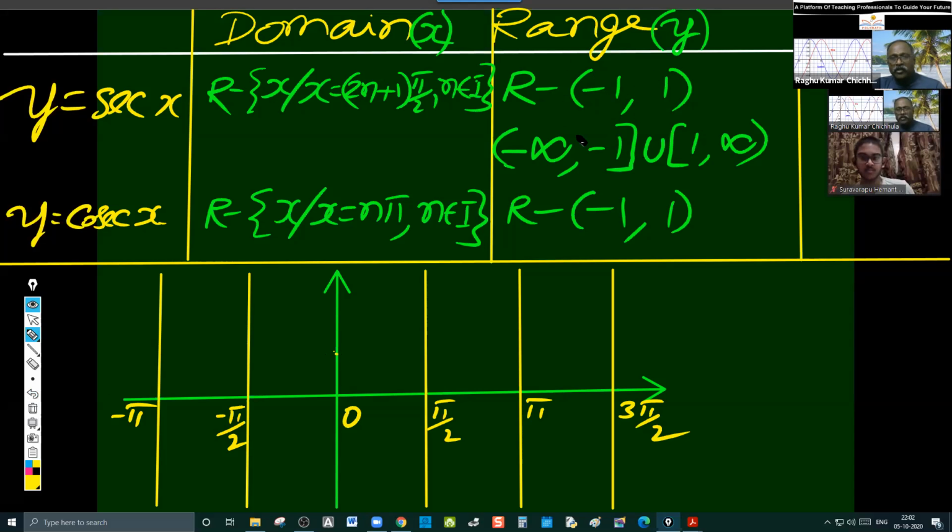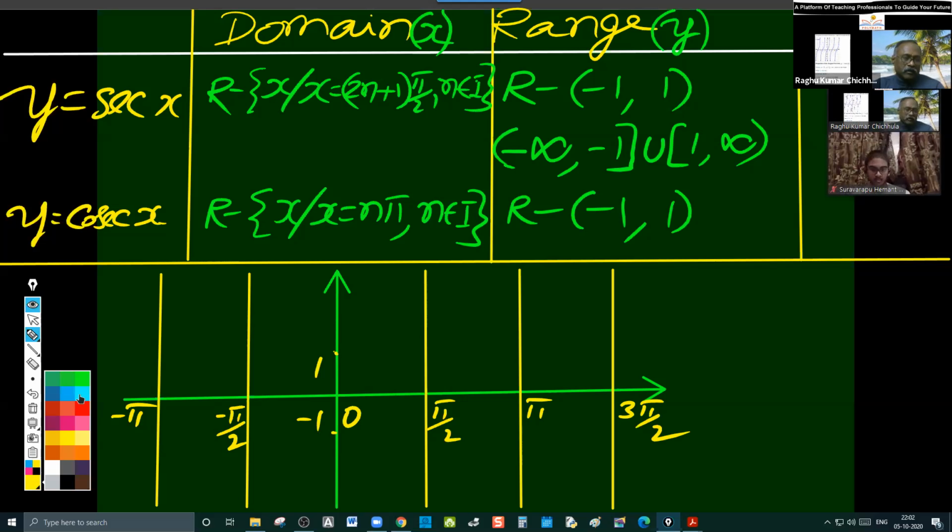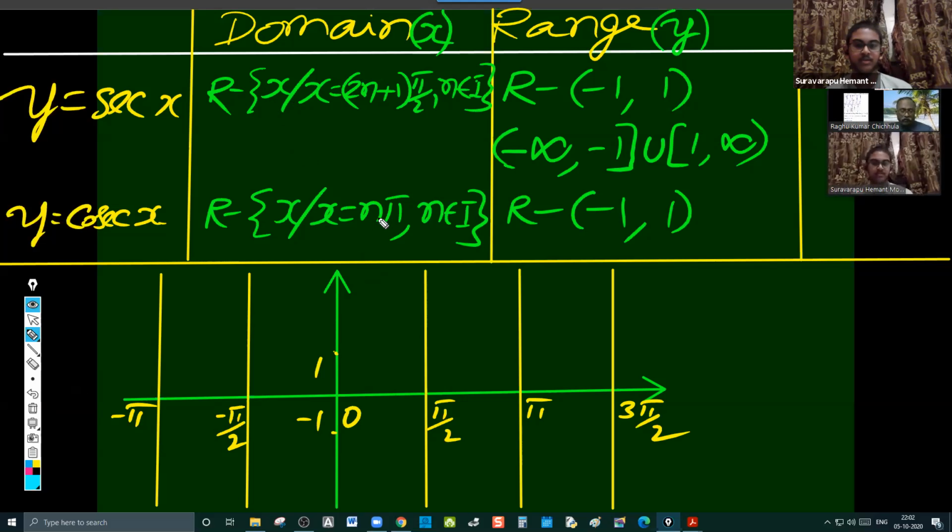If you close it, this value also will be eliminated. Because we are subtracting, we should not subtract those values. So it is plus 1 and minus 1. Your graph should never lie between minus 1 and 1.